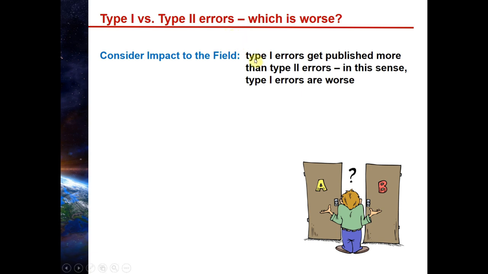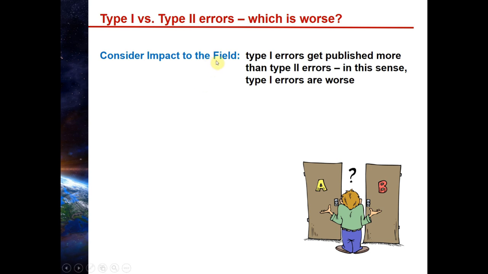So you see then why, in published literature, if you're going to find any type of error, it's going to be a type 1 error. Type 2 errors only have a chance of occurring for non-significant results, and non-significant results don't tend to be published.